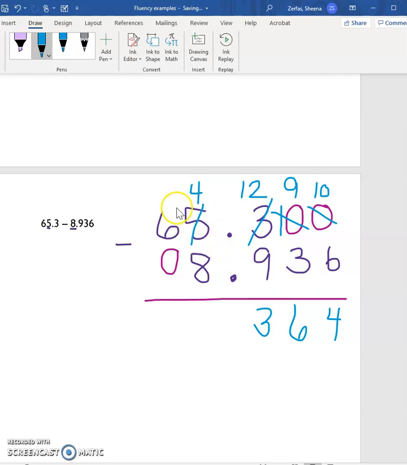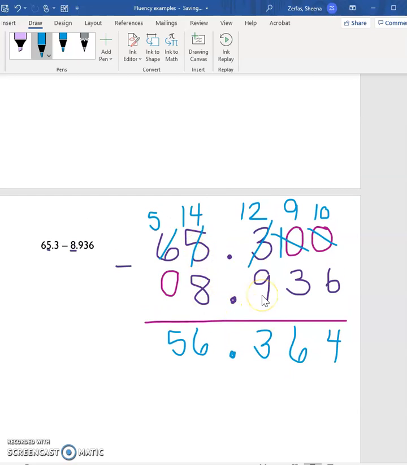Need to regroup from the 6, cross that off, 1 less is 5, so that this can become 14. 14 minus 6, 5 minus 0, and then all we need to do, because we've already lined up our decimal, is drop it down. So we follow that same process for any that are adding or subtracting.